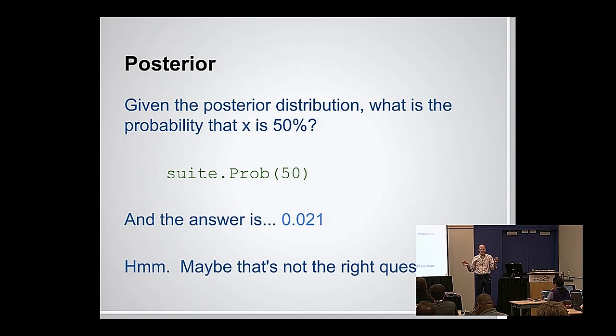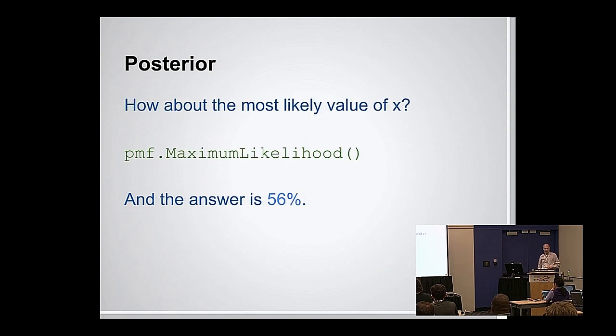The value that you get is going to be meaningless. In this case, it's 0.021, but if I take this range from 0 to 100 and chop it up into finer slices, so instead of the integers, if I did half or a quarter or a tenth, this number would change depending on arbitrary choices that I make. So this is not a useful way to describe the posterior probability of a 50-50 coin.